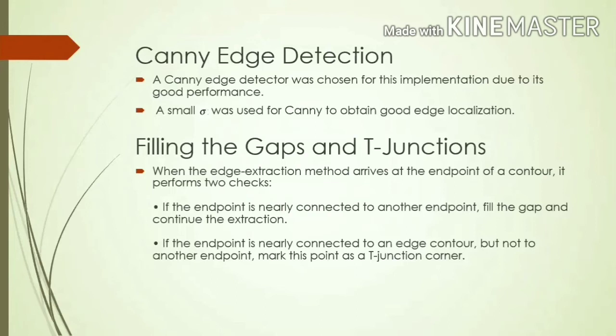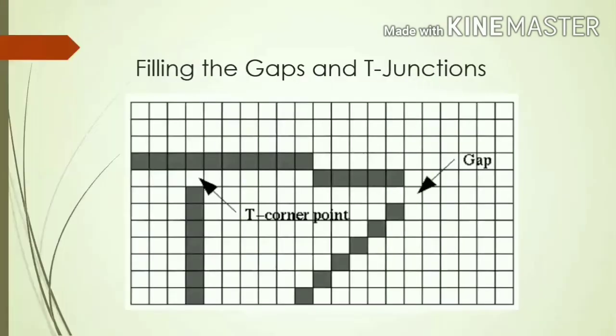Second, if the endpoint is nearly connected to an edge contour, but not to another endpoint, mark this point as a T-junction corner. As you can see in the figure, here the endpoint is nearly connected to an edge contour, so it is marked as a T-corner joint. Whereas over here, the endpoint is nearly connected to another endpoint, so it is a gap and it is filled later on.